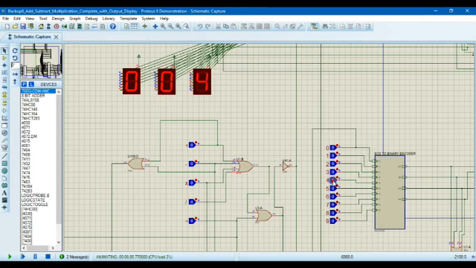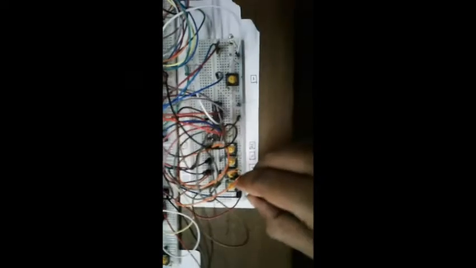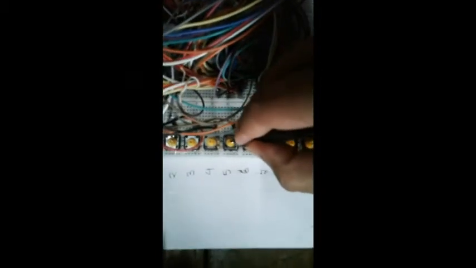So our calculator works. Now we have yet another addition. It's 44, the first input, plus 55, and the answer should be 99. So let's see. And this is the binary for 99.